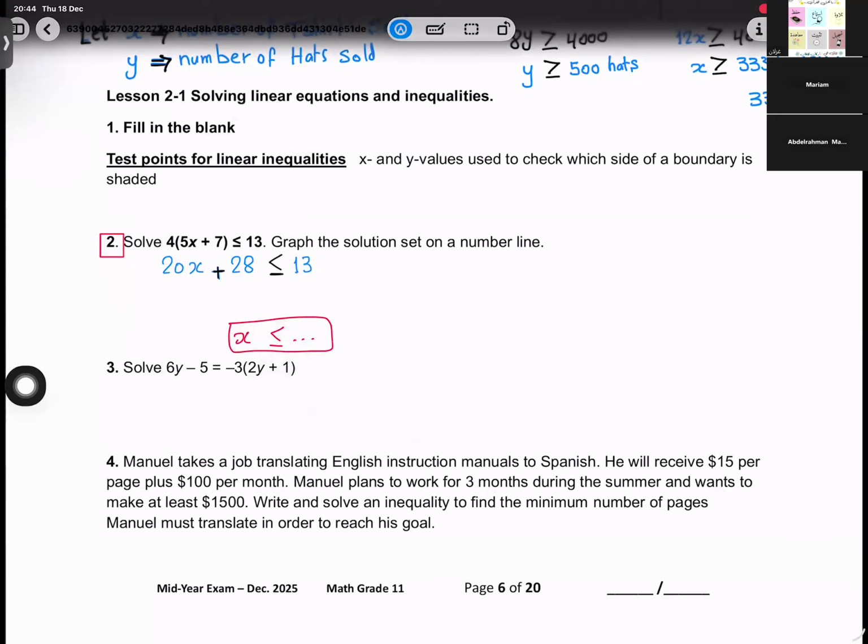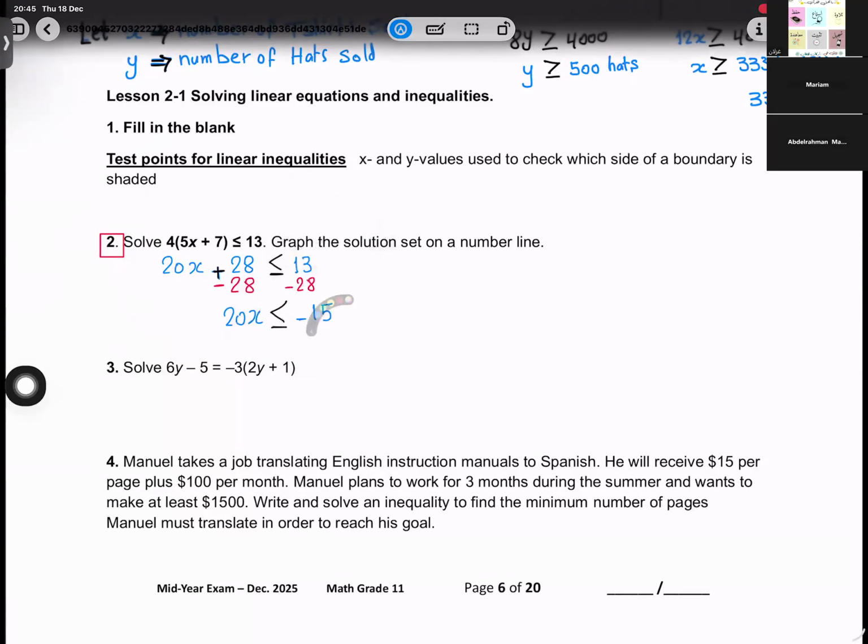So you do the 28... the 28 and 13, so 20x which is negative 15. Yes, excellent. Bravo.